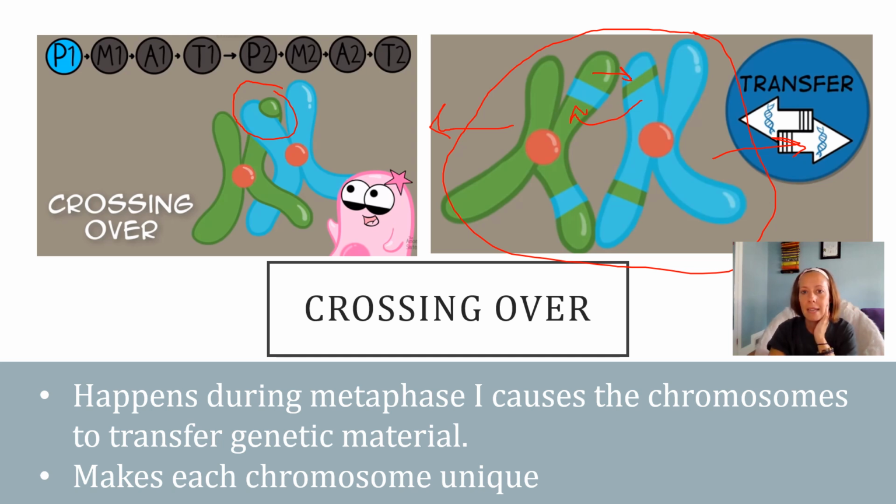And when that happens now, this sister chromatid is different from this one, and that's different from this one, and different from this one. So they all have their own genetic information in it now, right? Because they transferred information. That causes a lot of variation when they're passed down. So each sex cell ends up different from the next.